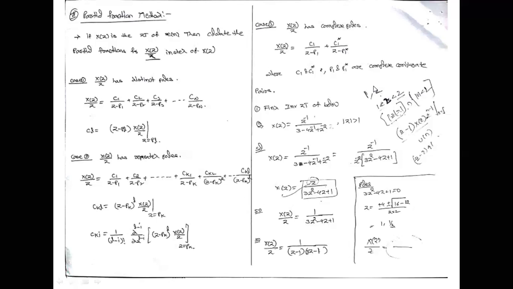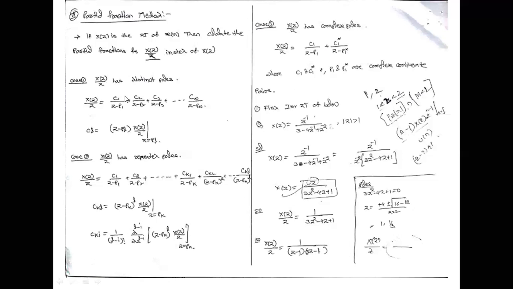Find the conjugate poles, substitute, and write the equation in terms of the standard equations. In terms of the standard equations, writing the inverse Z transformation is easy.